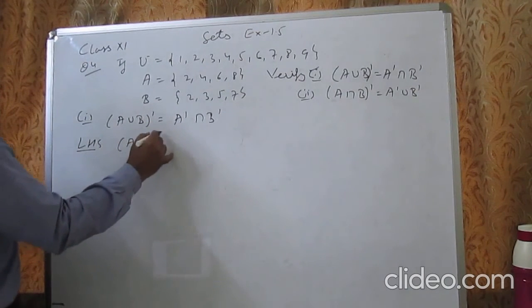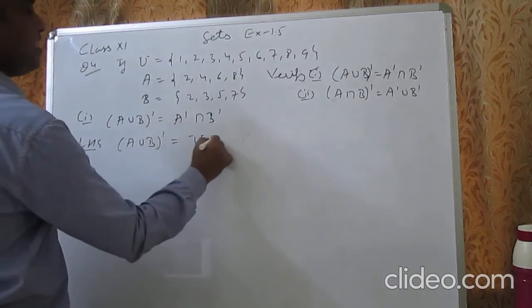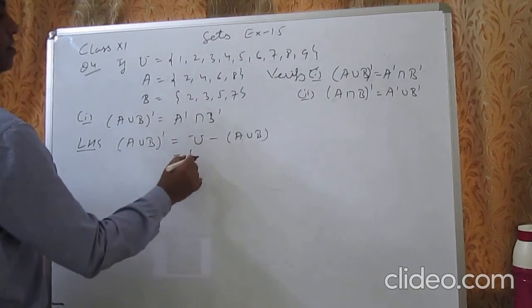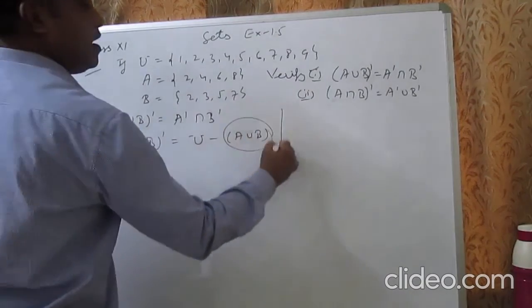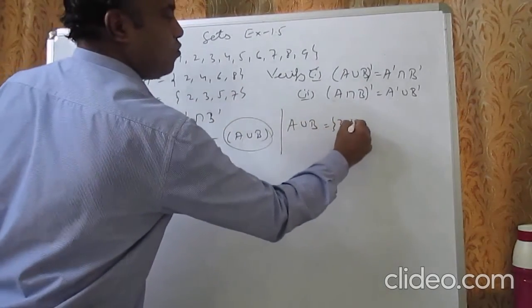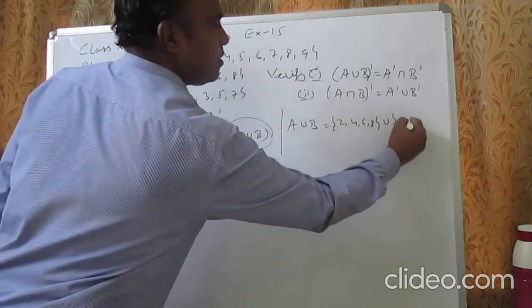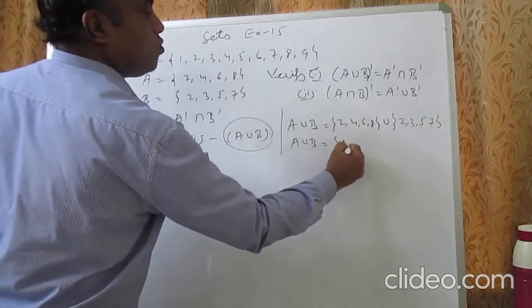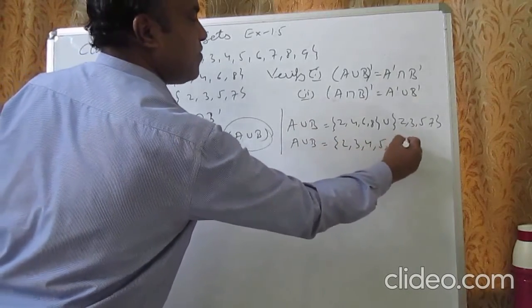Now I will take the left hand side. (A union B) complement is equal to universal set minus (A union B). First I have to calculate A union B. What is A? 2, 4, 6, 8. Union B: 2, 3, 5, 7. So A union B is 2, 3, 4, 5, 6, 7, 8.